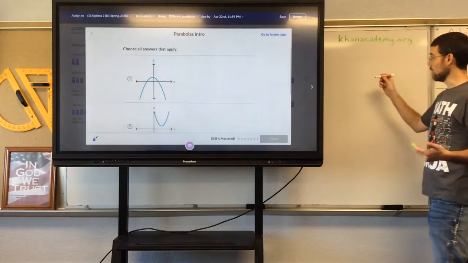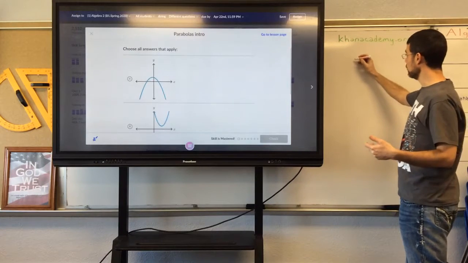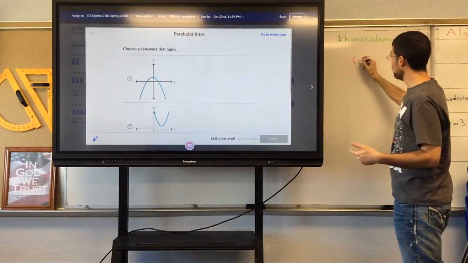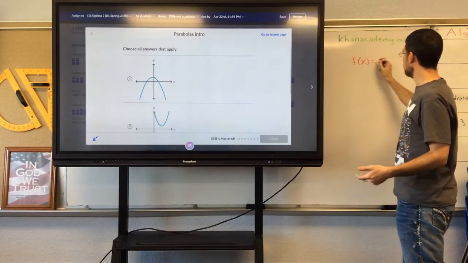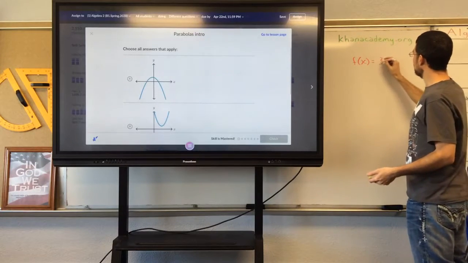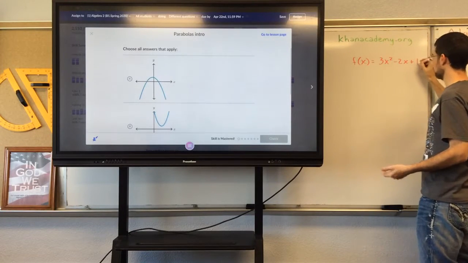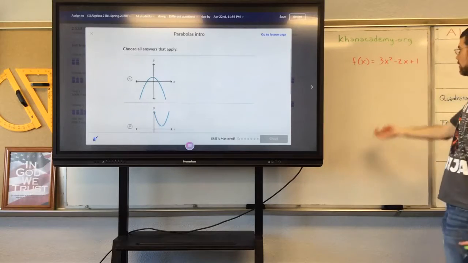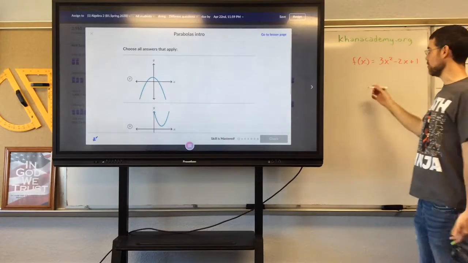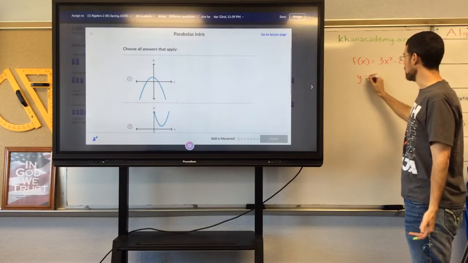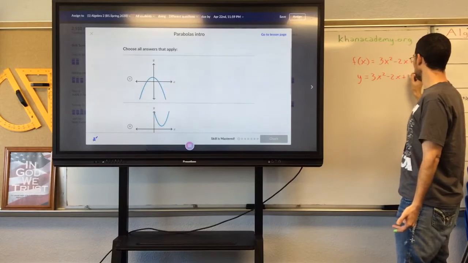So for example, here's a quadratic function. We would have written in function notation f of x equals 3x squared minus 2x plus 1. Just off the top of my head, some function where f of x is the y value, so I could rewrite that as y equals 3x squared minus 2x plus 1.